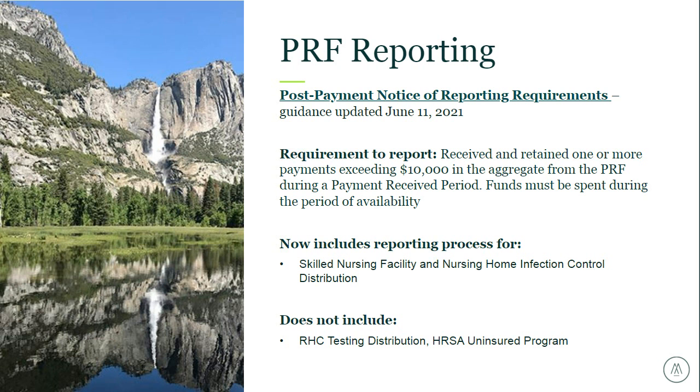And so if you received more than $10,000 in any of the payment received periods, you must do the reporting for that period. And on our next slide, we will take a look at what those periods are, so don't worry. And then the funds that you receive have to be spent during the period of availability. And so each of these periods has a corresponding deadline that you have to spend the funding by.